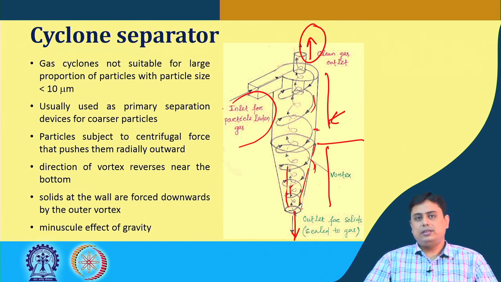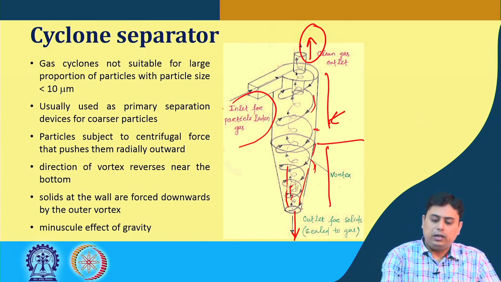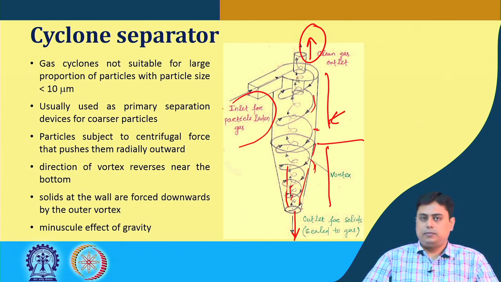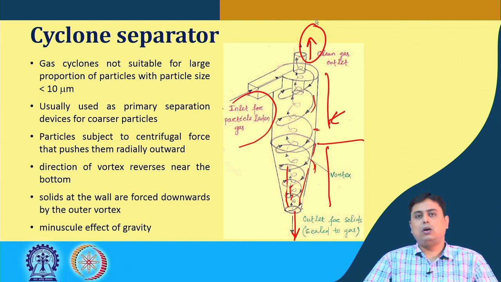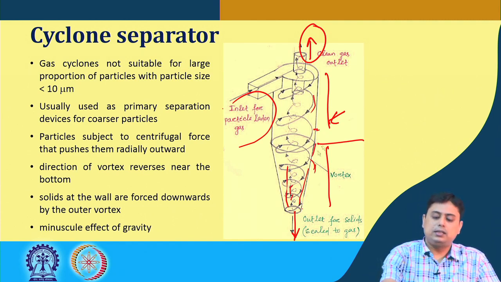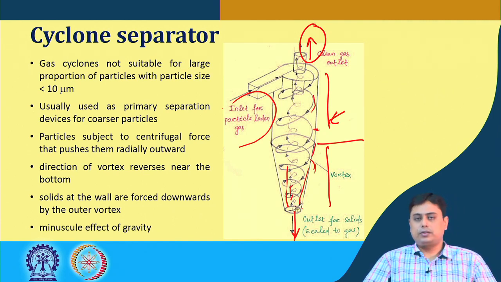There it changes its direction, loses its strength, and creates an inner vortex, through which the gas phase escapes through the gas outlet, and the solids are pushed towards the wall and also forced downward by the downward movement of the free vortex.